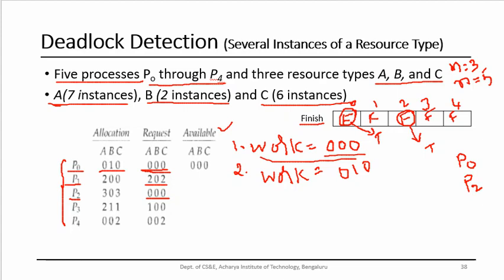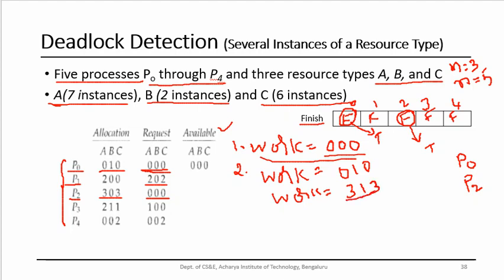Okay, now what should happen to the value of work? Since all the elements of finish were false when I started, I will not bother. So I'll simply update the value of work. P2, this was the allocation made to P2, so we simply add this to work, so it becomes 3 1 3.